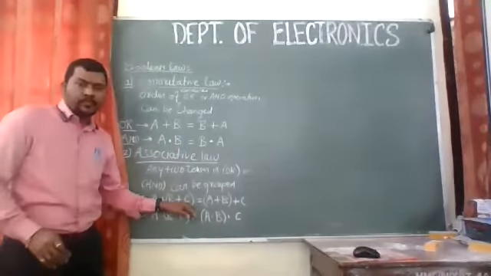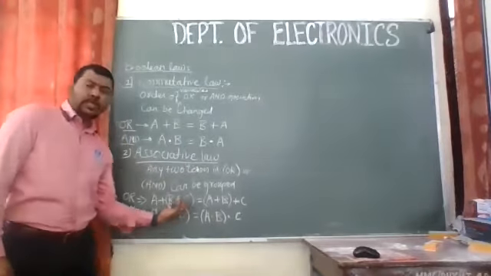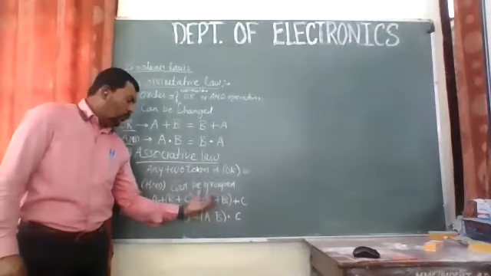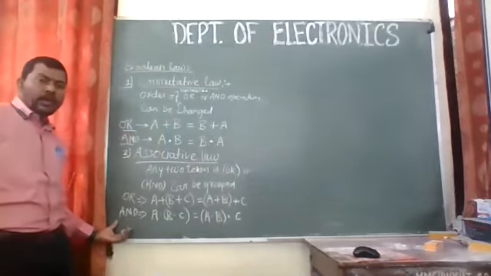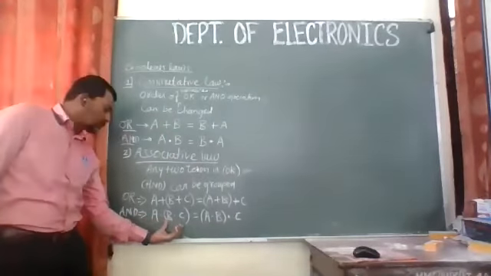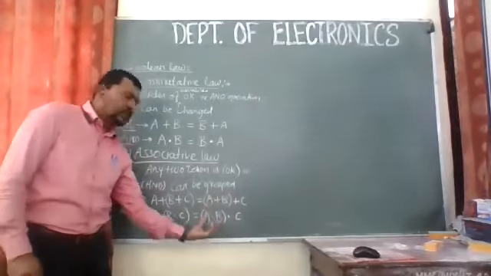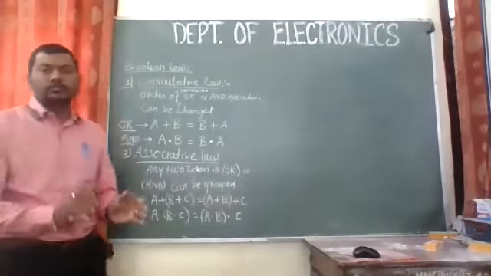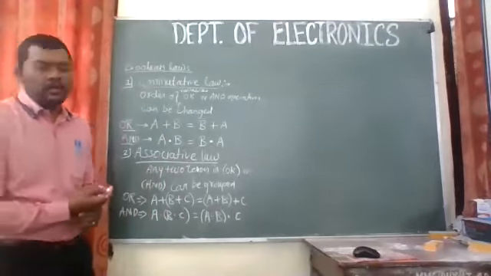So A plus B plus C with a bracket can be grouped as A plus B plus C. Similarly for AND operation, A dot B dot C grouped is equal to A dot B dot C. Any two terms can be grouped. So this is the associative law.